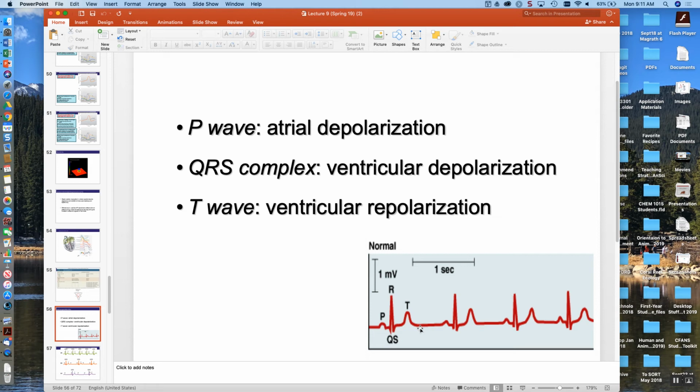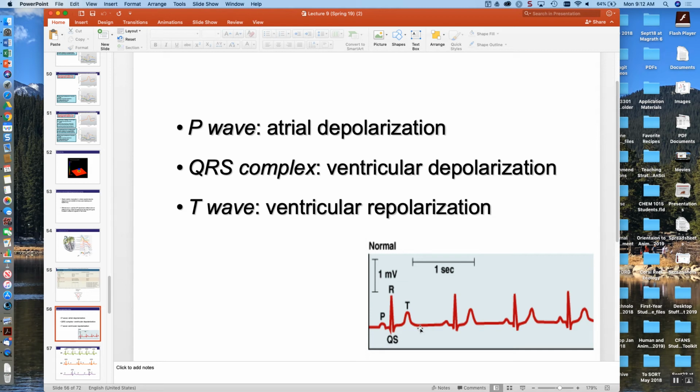So the atrial depolarization is responsible for the P wave. Then the QRS, you can see that the depolarization goes down and up the ventricular wall, so that's the QRS wave, right? And then the T wave is repolarization.